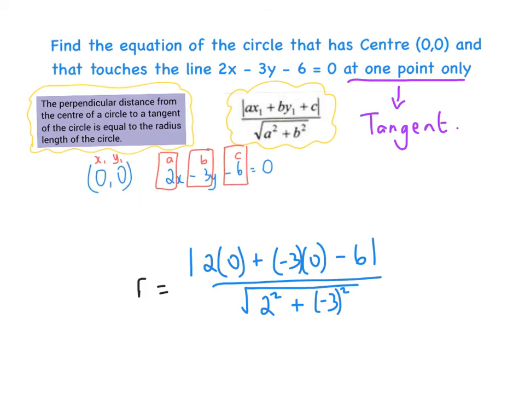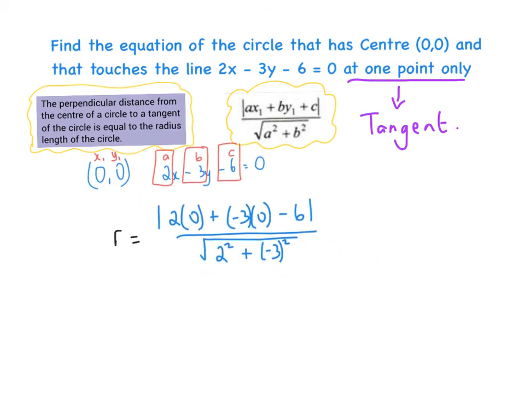Okay, and so that's going to give us r is equal to minus 6, absolute value, over the square root of 13.